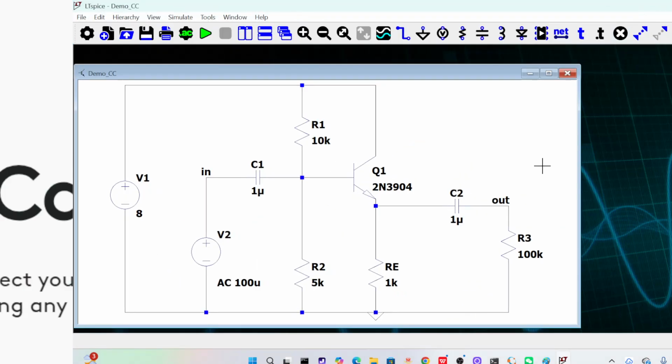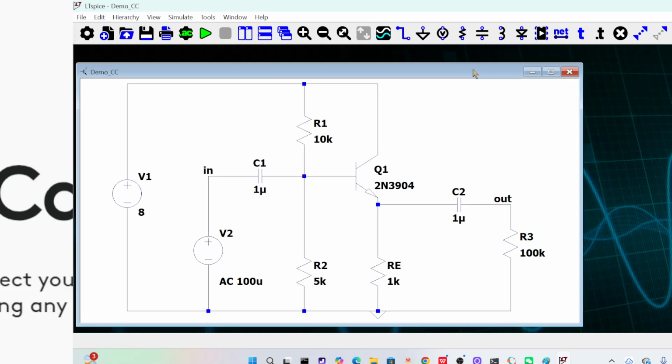Hello everyone, in this video I'm going to show you how to design an oscillator based on a common collector amplifier. To start with, let's take a look at one of the common collector amplifier circuits that we have designed in one of the video lectures.